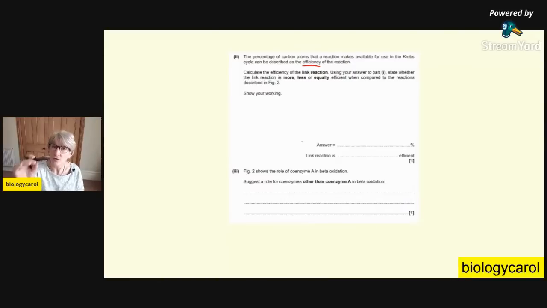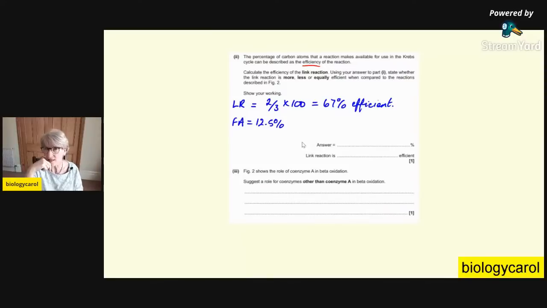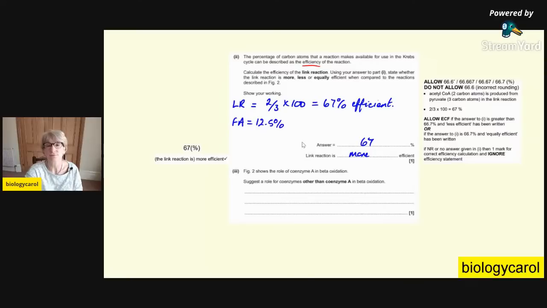Well, in the link reaction, there are 3 carbons at the start, in pyruvate, and 2 carbon atoms in the acetyl part of the acetyl coenzyme A that get funneled into the Krebs cycle. So it's 2 out of 3 times by 100, 67% efficient. We've already worked out that the fatty acid one is 12.5% efficient. So clearly the link reaction is more efficient. And I got the mark.